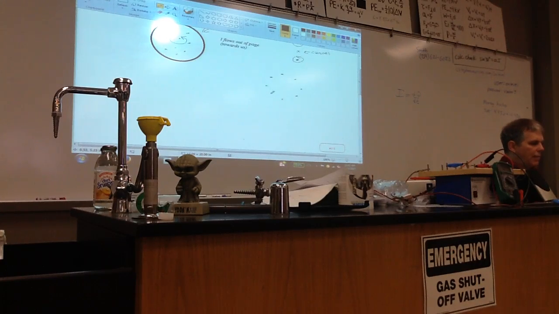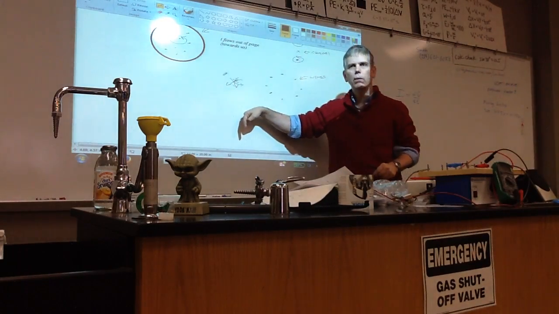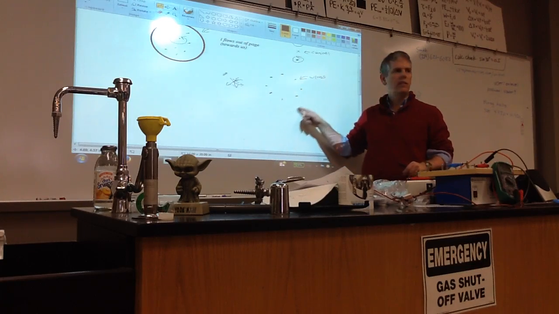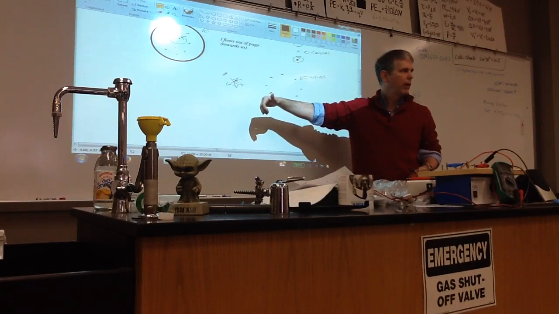If I were to take a point out here, okay, these are wires. If I take this point out here, and this one right here, I would see that its magnetic field goes this direction. This one, the magnetic field goes the same way. This one, the magnetic field would go kind of this direction. This one, the magnetic field would kind of go that direction. But there would be a net magnetic field going down, as if you combine all of these into one big wire. Everybody in agreement with that?